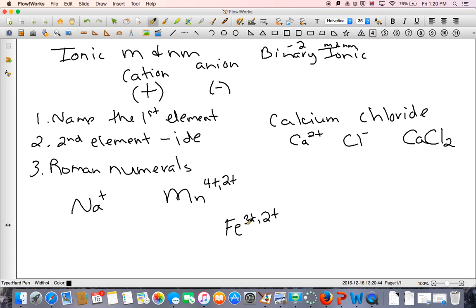Remember the drop and switch method. I'm not a big fan of it, but if you have to do it, this is essentially 1, so it's -1. The 1 comes down, the 2 goes down. Ca, we just don't write the 1, Cl2. So you can mathematically do least common multiple, or you can do the drop and switch. Let's try another one. Let's do aluminum oxide.